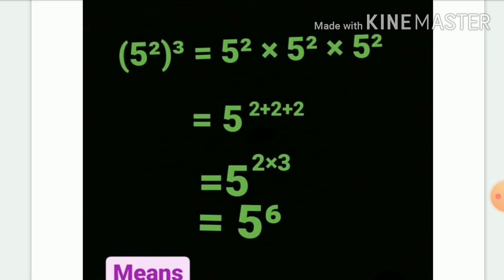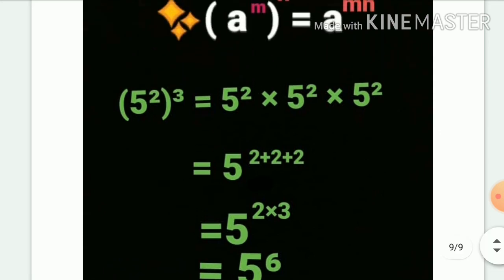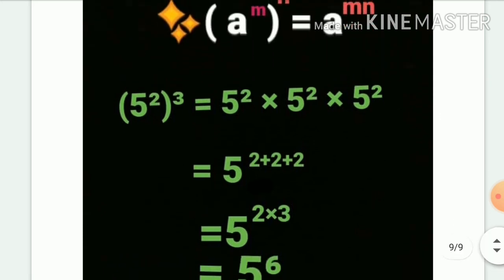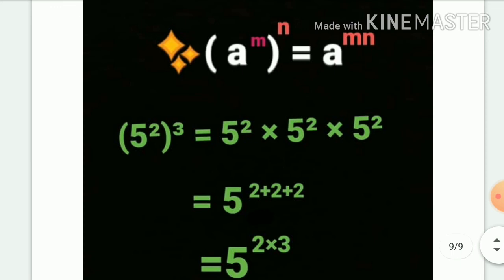You don't have to solve these things. Just remember one thing: if the inside thing has an index, for example (a^m)^n, it will result in a^(mn). That much only you have to remember. You don't need to solve this entire thing.